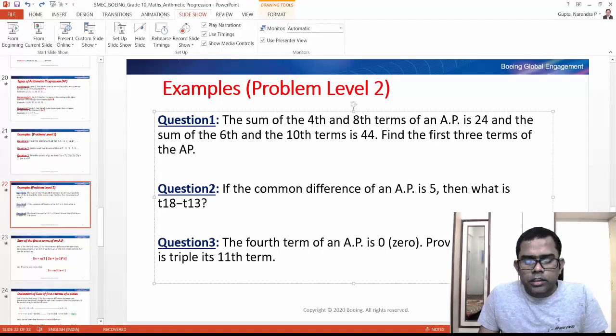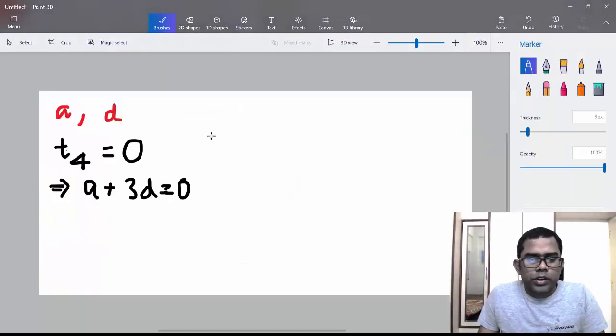Now we have to prove that the 25th term is triple its 11th term. So we have to find the relation between T25 and T11.